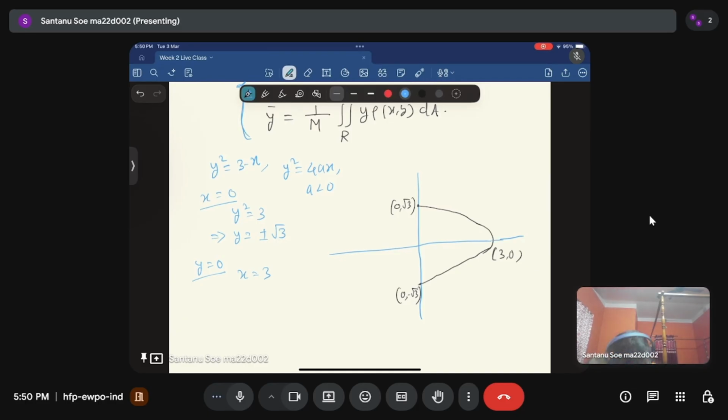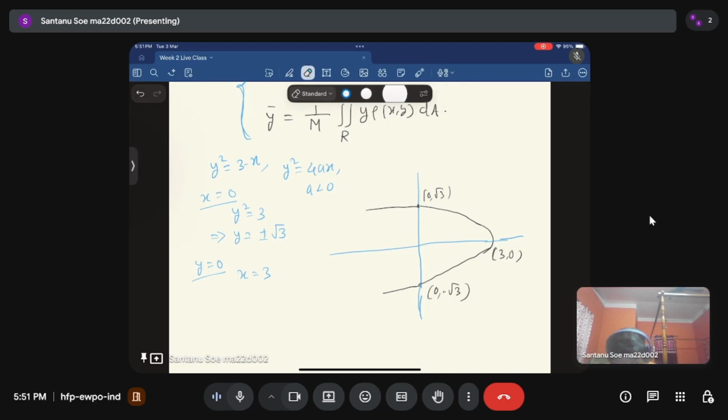Let us just remove this one. So this is 0 comma root 3, and this is 0 comma minus of root 3.